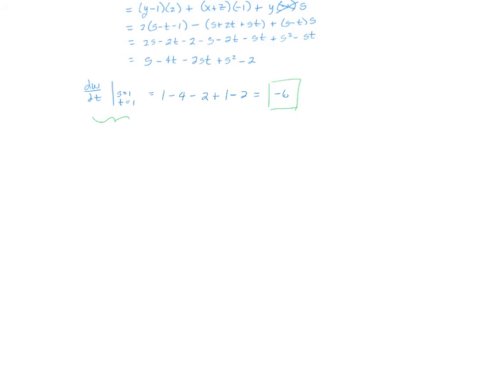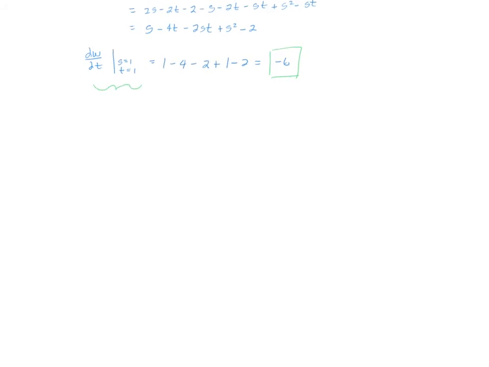So another notation you could use when you're evaluating would be the partial of w with respect to t, and use an ordered pair 1 comma 1 for st, and typically ordered pairs are written in alphabetical order, so the s value comes first, the t value comes second.